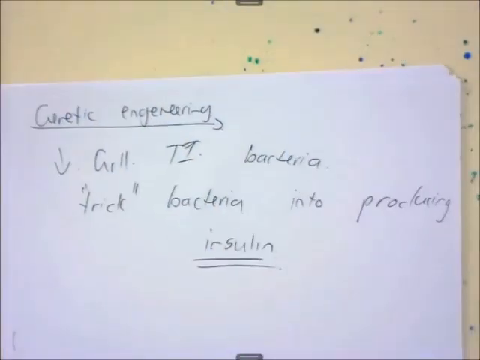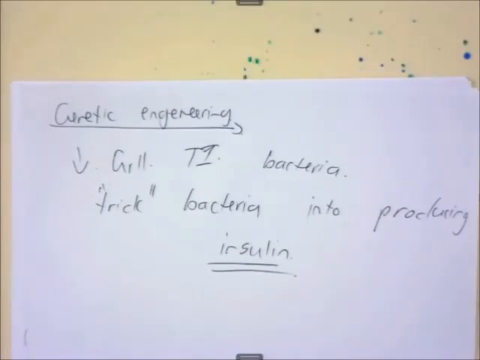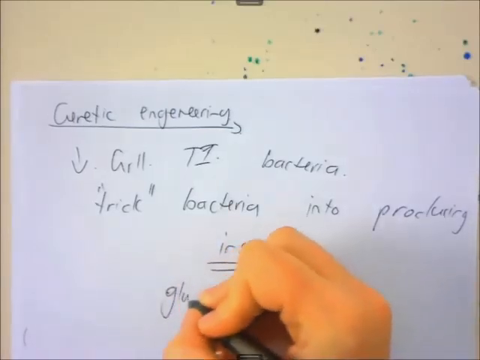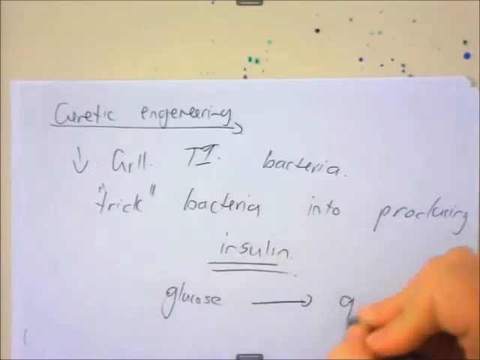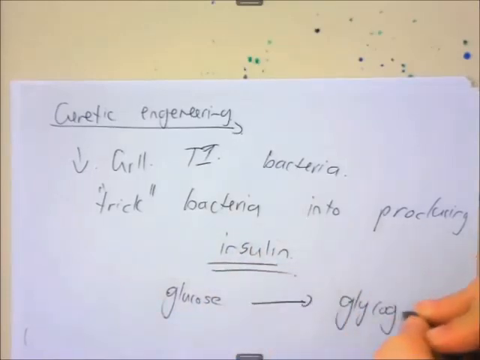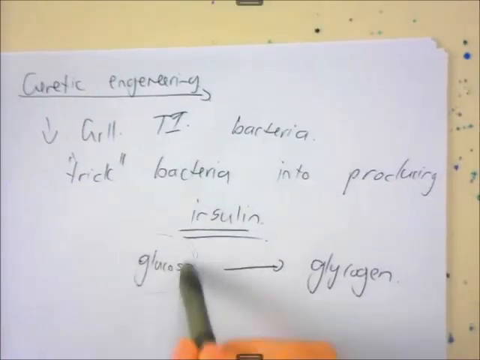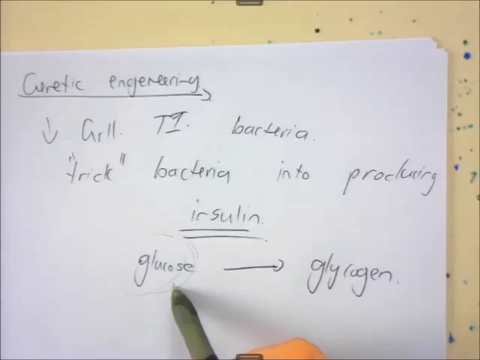Okay, so insulin we know is a hormone that is crucially important in maintaining and stabilizing things like glucose levels. Insulin actually changes glucose into glycogen. So if you've eaten and you have a high glucose level in your blood, that is not a good thing to have for very long.